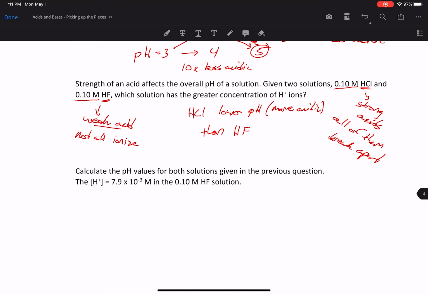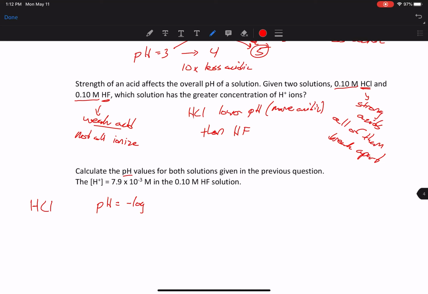All right, now calculate the pH values for both solutions given in the previous question. So for calculating pH, pH is equal to the negative log, and we have to do this for both solutions. So let's just do the HCl first.